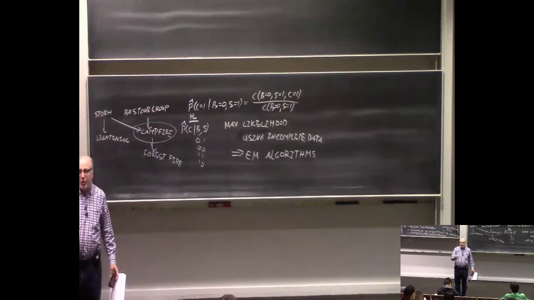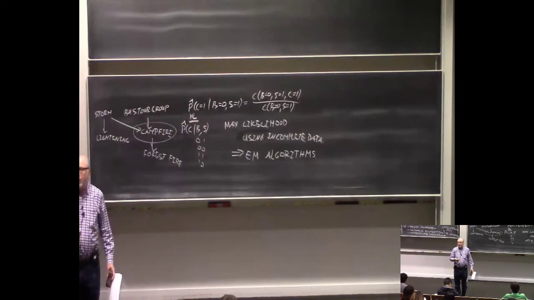Let me just give you the bottom line here, and then we'll come back to it when we discuss EM. EM is an iterative procedure that is guaranteed, under some conditions, to converge and will give you a reasonable solution, but it's certainly not the best solution. It's guaranteed to give you a local maximum, but not a global maximum.